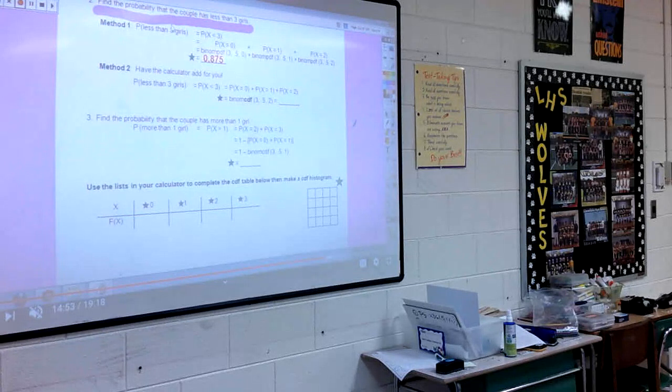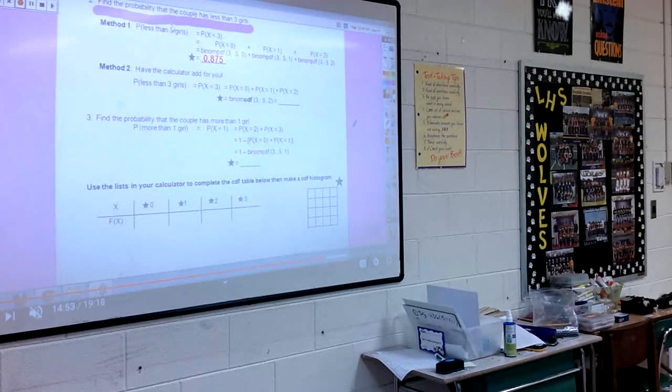Remember, the X value in the CDF is your maximum number of successes. So if it says find the probability that a couple has less than 3 girls, the X value is going to be 2, because you want to have 2 girls or less.